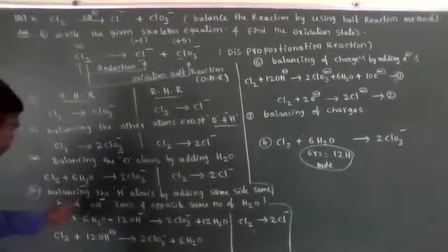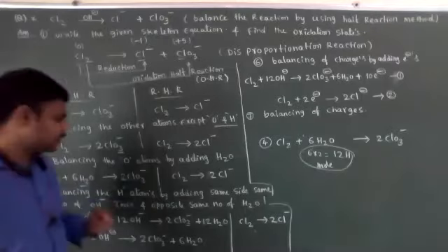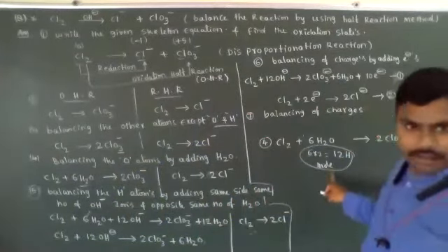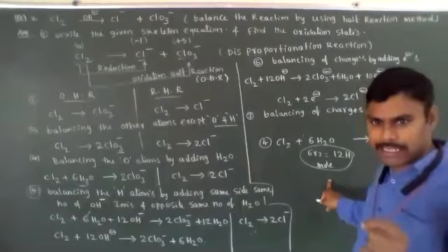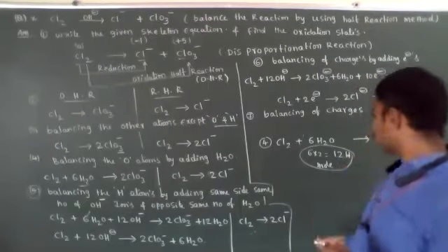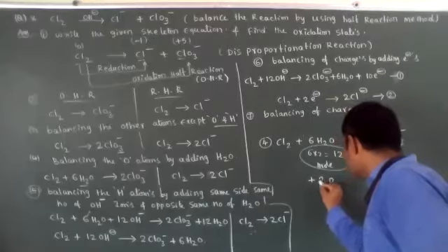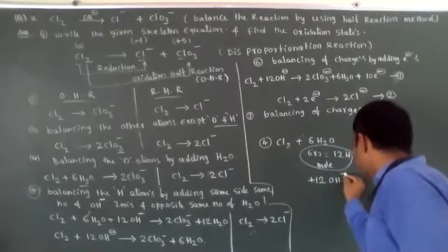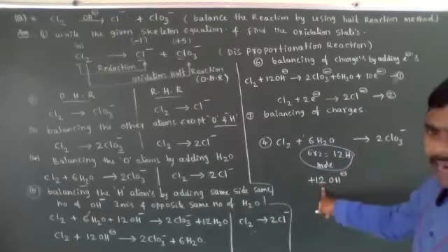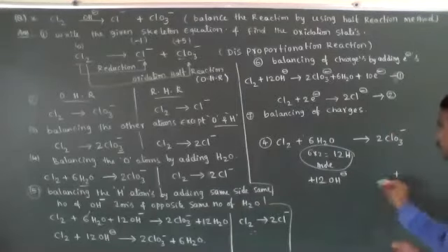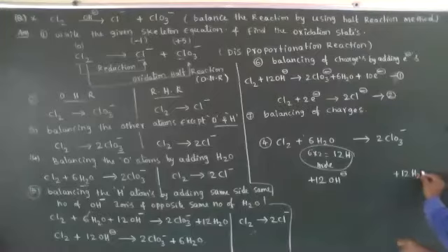See the step I have written here: balancing of hydrogen atoms. On the side which has more hydrogen atoms, we have to add the same number of OH minus ions. 12 extra hydrogen atoms came, that's why on this side I added 12 OH minus ions. And on the opposite side we have to add the same number of water molecules, 12 H2O.